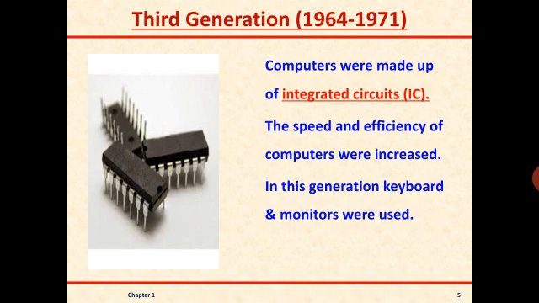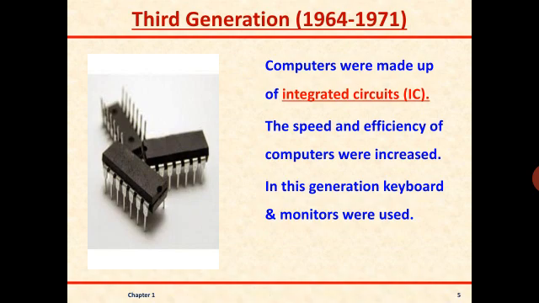Also in the third generation of computers, they started using keyboards and monitors. Earlier they were not using keyboards and monitors because they were not yet developed. Then how did they enter data?